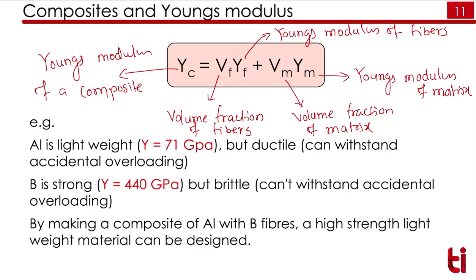But if you add these two materials, we will get a composite, and the Young's modulus of the composite will lie between 71 and 440 GPa. So you can tune or alter the Young's modulus of the composite as per your choice. So we can conclude that the Young's modulus depends on the volume fractions.